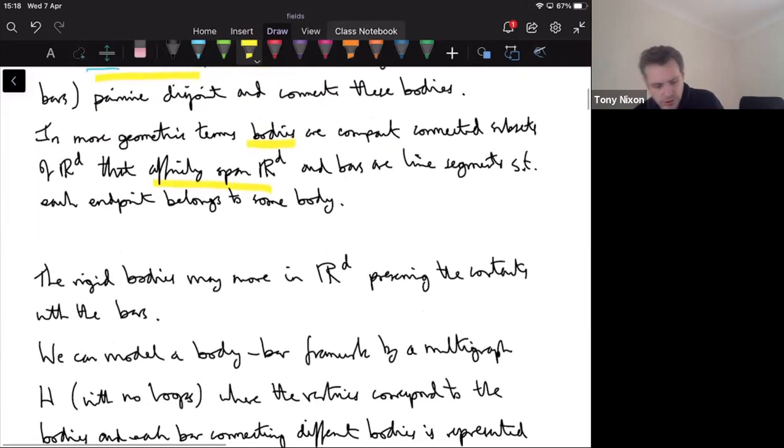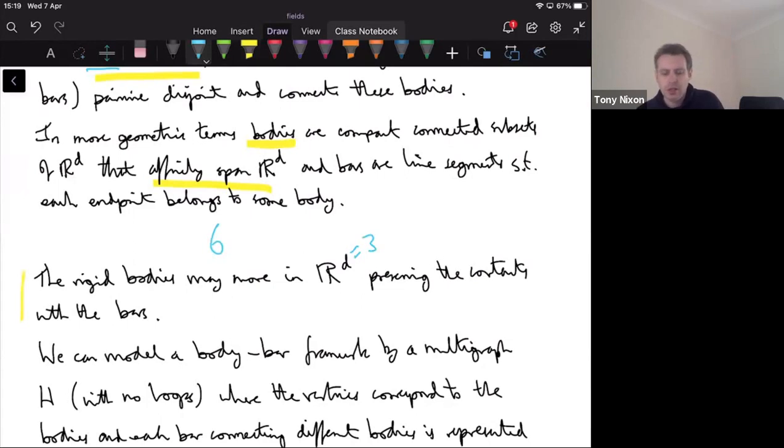Okay, so again, it's just some more intuition for this. You have these rigid bodies, and the rigid bodies themselves can move arbitrarily in R^d as long as they preserve the contacts with the bars. So in particular, say we take d equals 3, then a rigid body has 6 degrees of freedom because it has 3 translations and 3 rotations that it can do.